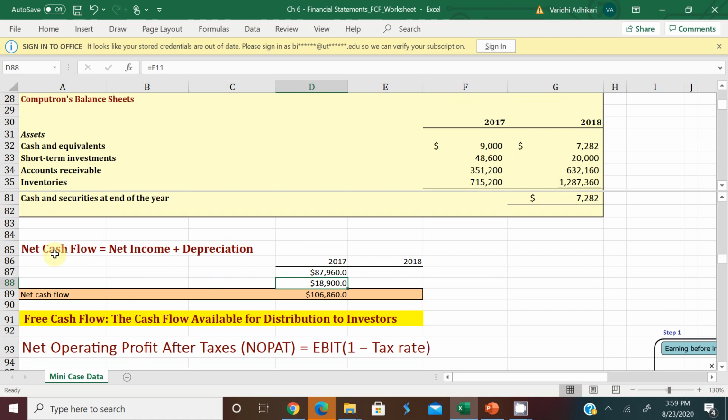Okay, so the first thing we're going to calculate is not directly related to the calculation of free cash flow, but it's a kind of metric a lot of people will care about, something called net cash flow. This is based on the idea that net income in the income statement is derived on an accrual basis. For example, non-cash income and expenses are also included in net income.